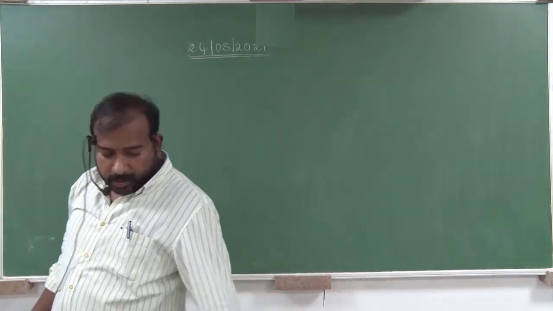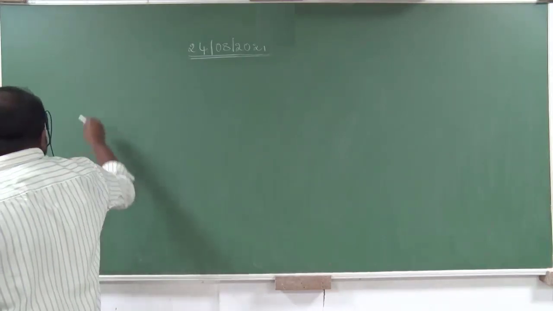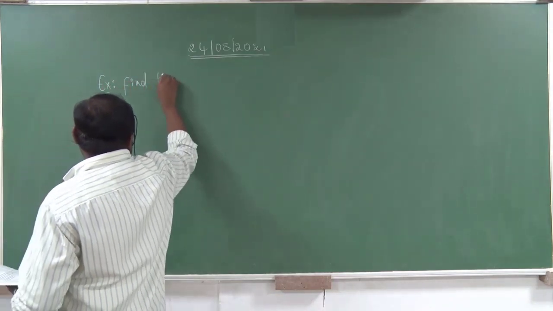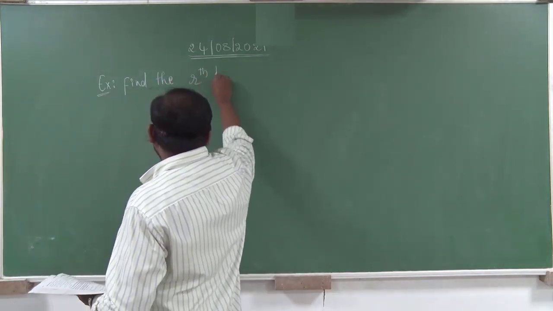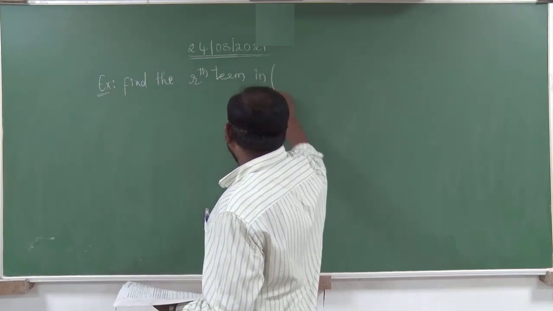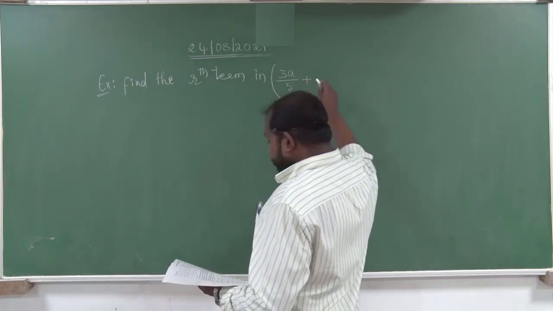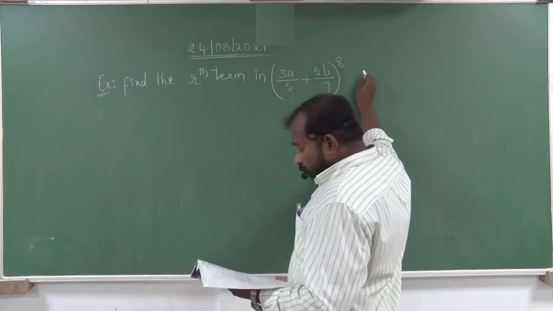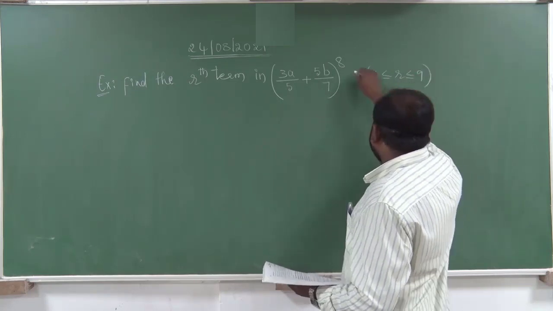Now, here one more example they given. Here the example is: find the rth term in (3a/5 + 5b/7) whole power 8, where 1 is less than or equal to r, less than or equal to 9.